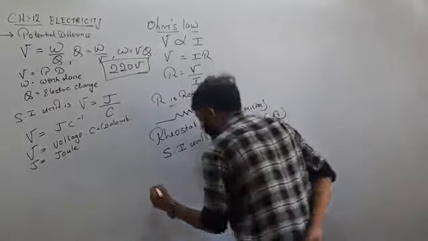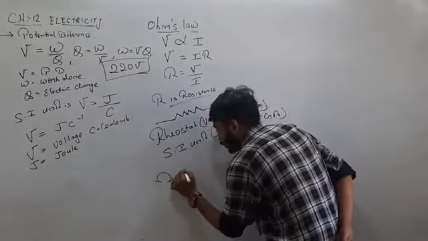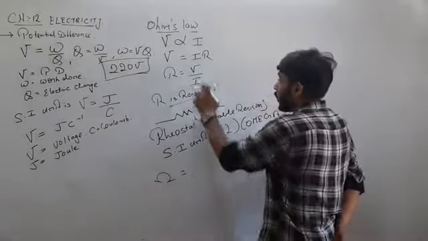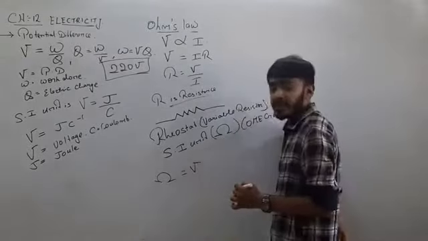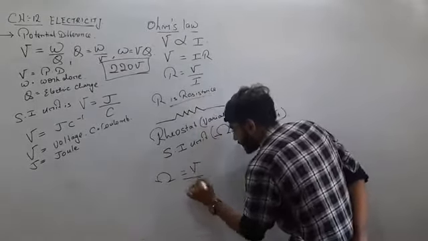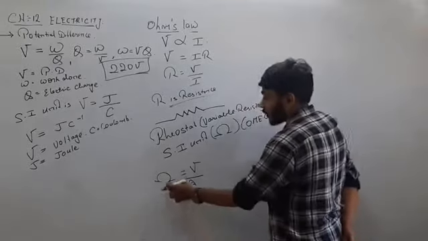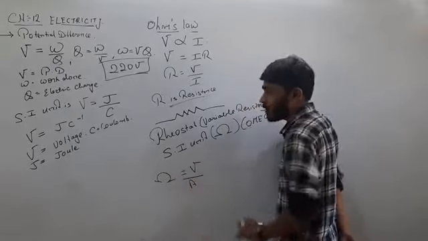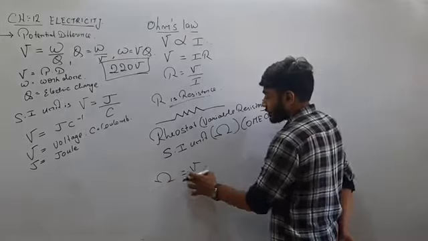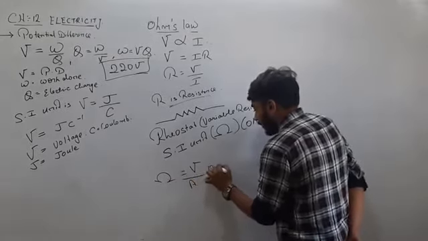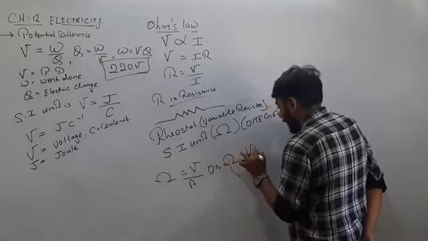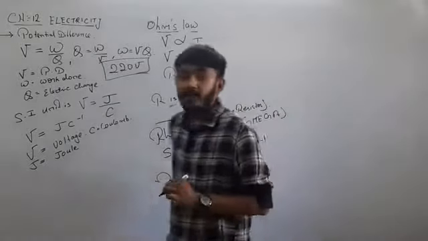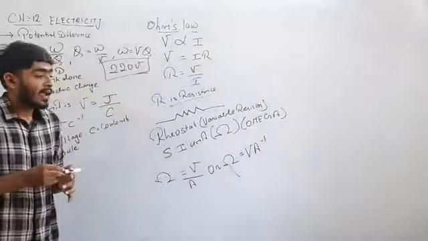We can also state the formula: omega is equal to, what was the SI unit of voltage? That is of course V, and electric current is ampere. So we can write omega is equal to V upon A, or we can also write omega is equal to V A inverse.